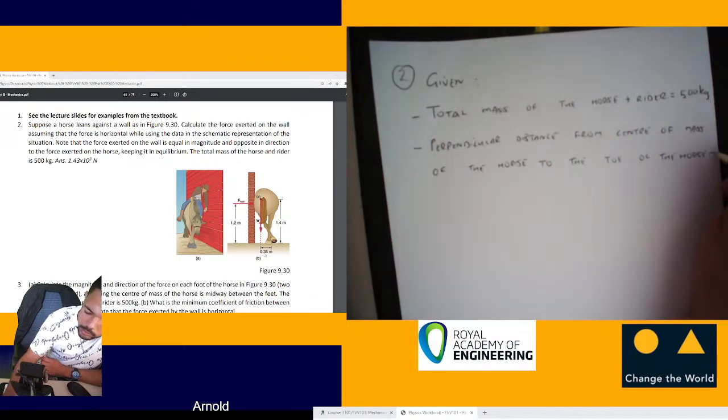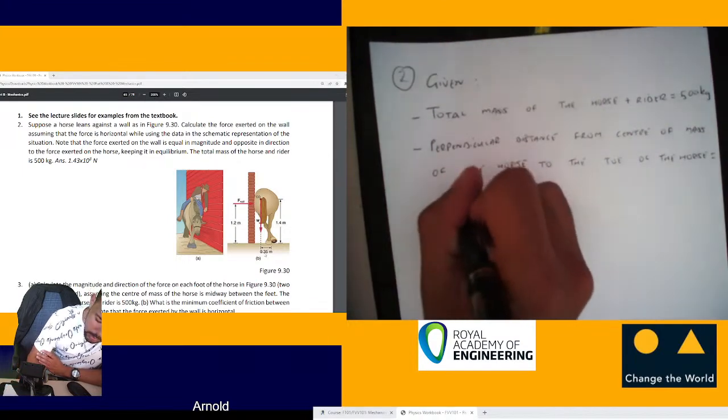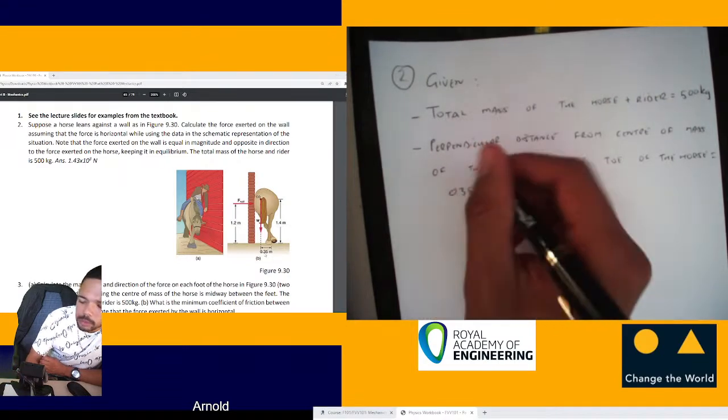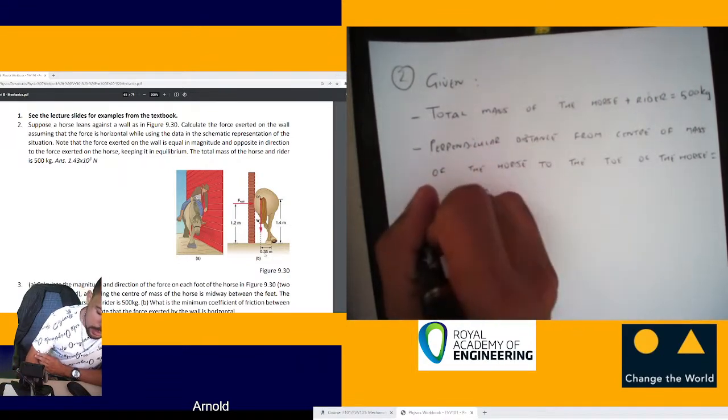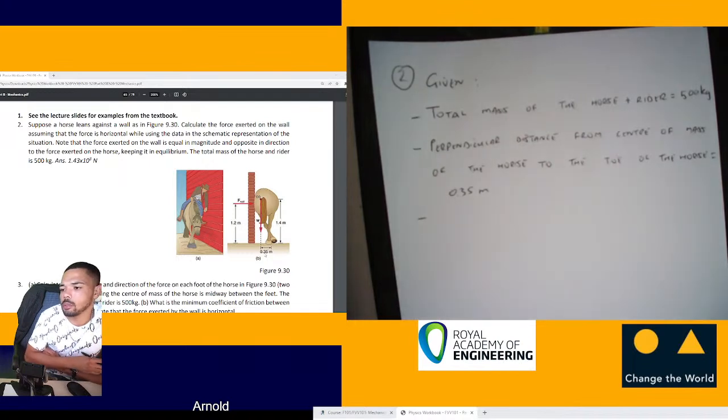So that distance is 0.35 meters. Okay, then what else are we given? Okay, the height.